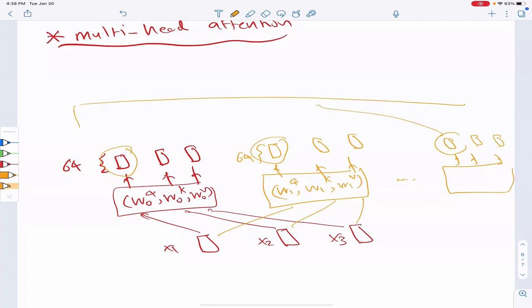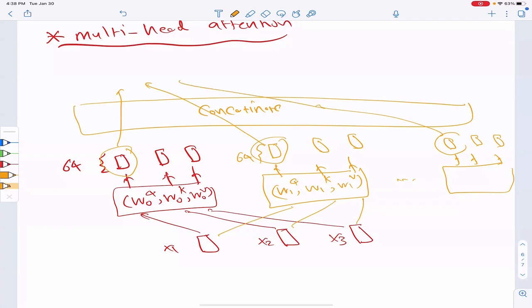I will get a vector of length what? 8 times 64, which is 512. Same for the second token, same for the third token. So this is my output.